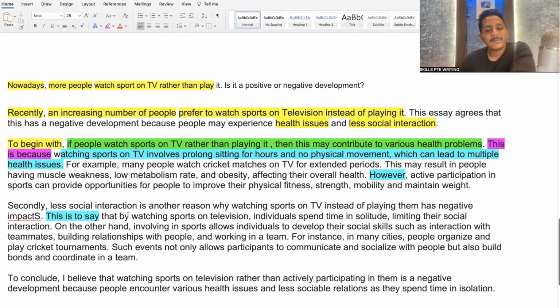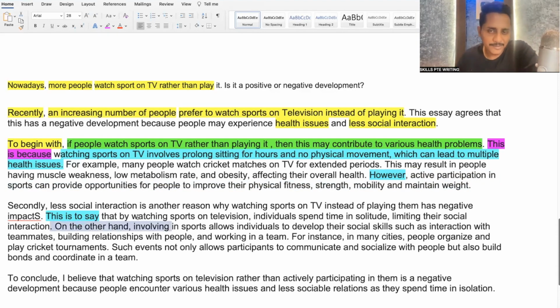This is to say that by watching sports on television, individuals spend time in solitude, limiting their social interaction. On the other hand, I also would have written the same way here. Before, for example, I would have written, however, active participation would have caused them some bodily. I would have put this, however, this entire sentence here, before, for example, which she has done here.